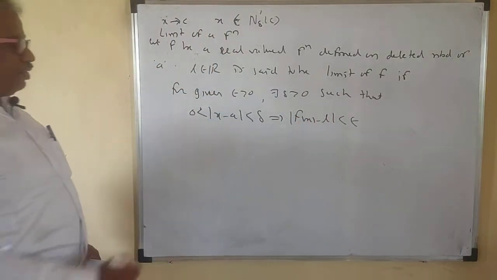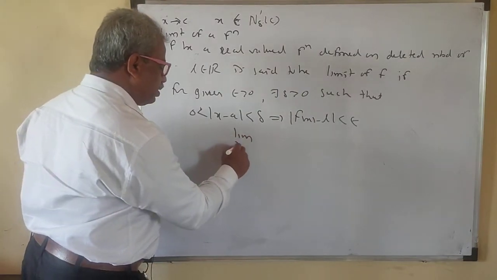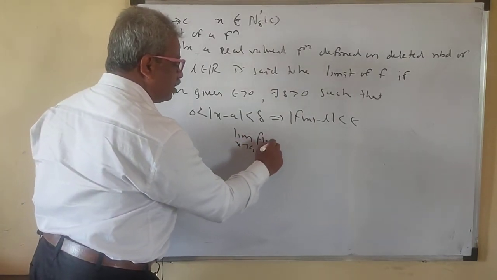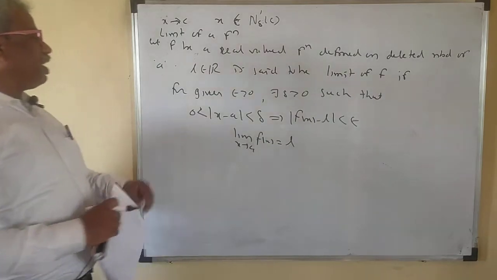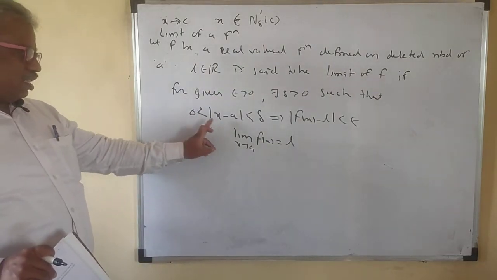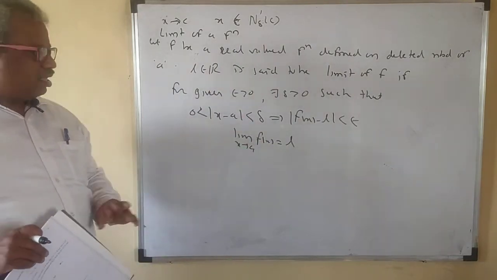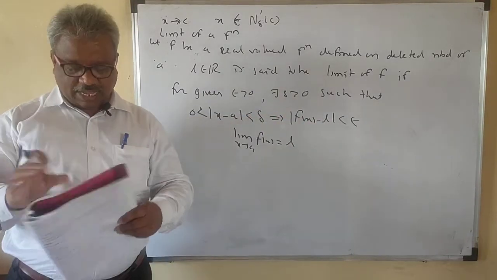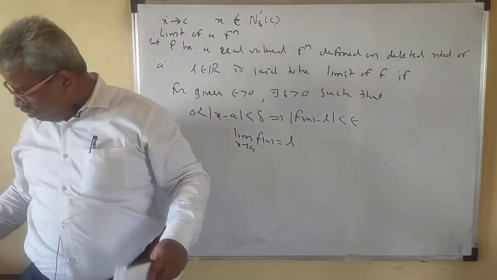This is the definition. We'll write this as limit x tends to a of f of x is equal to L. You may write c here also, it doesn't matter.